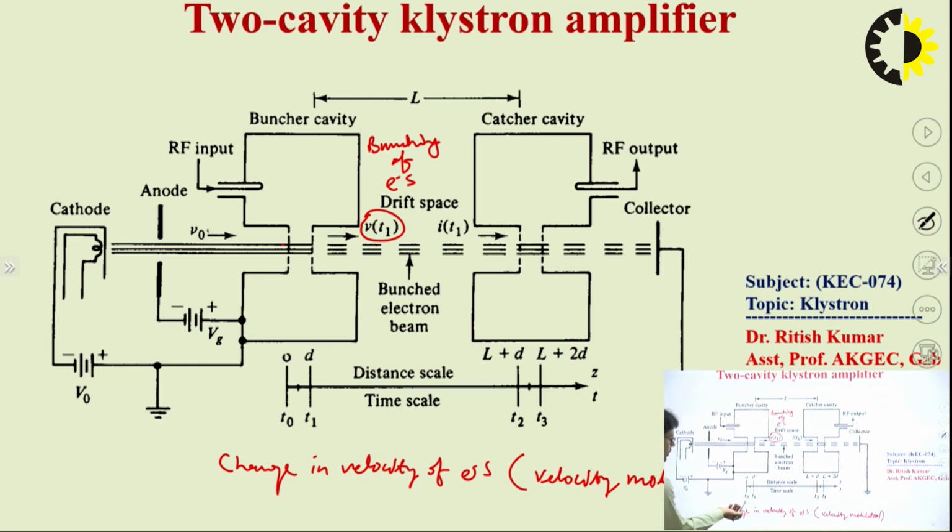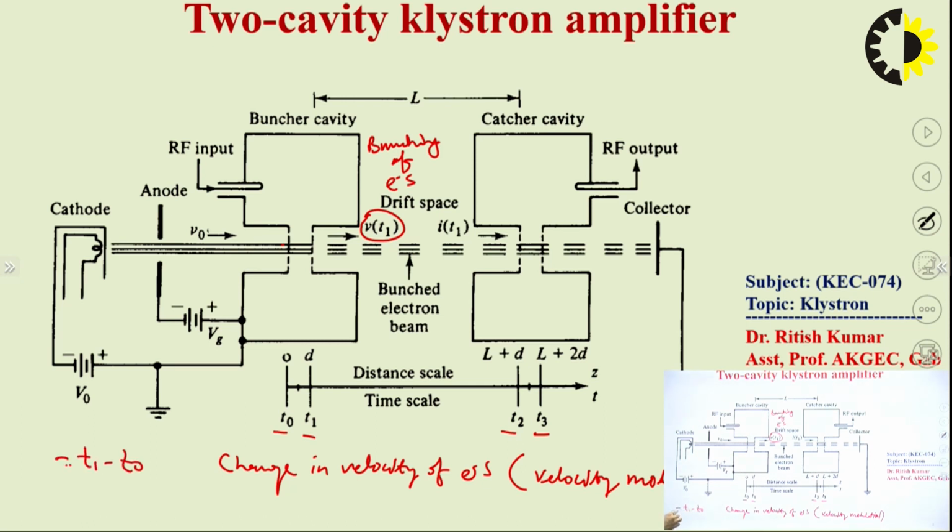Here are some important points. T0, T1, T2 and T3 are the timing scale. The transit time of the buncher cavity is the total time traveled by the electron from the entering point to the leaving point, that is T1 minus T0.